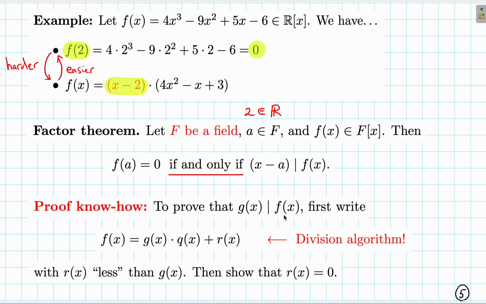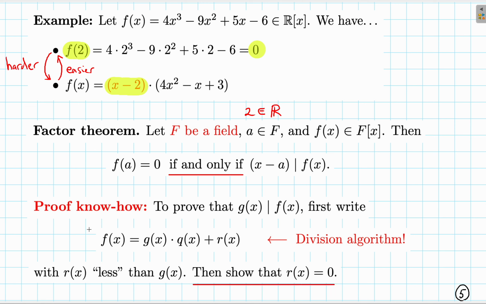So more precisely, we would write f of x as g of x times the quotient q of x plus the remainder r of x using the division algorithm, where the remainder r of x is strictly less than the divisor g of x. And then try to show that the remainder must be 0.